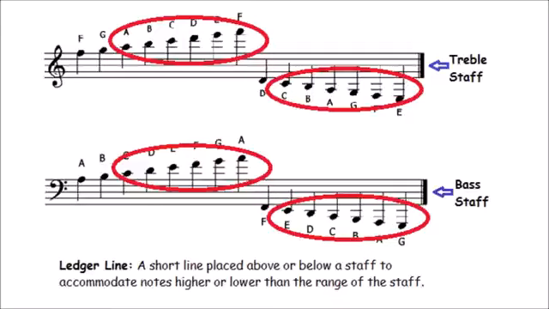Ledger lines, also spelled leger, are short lines placed above and below the staff. They are used to help us extend beyond the range of the staff.